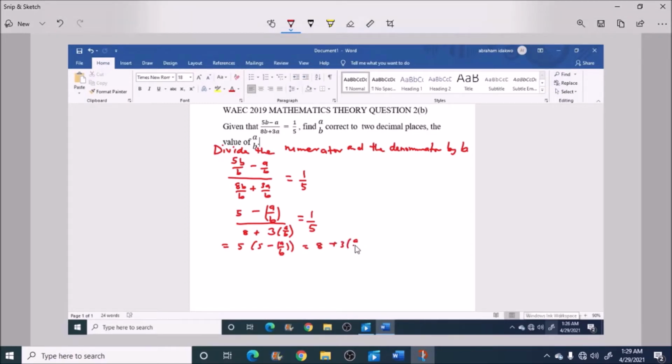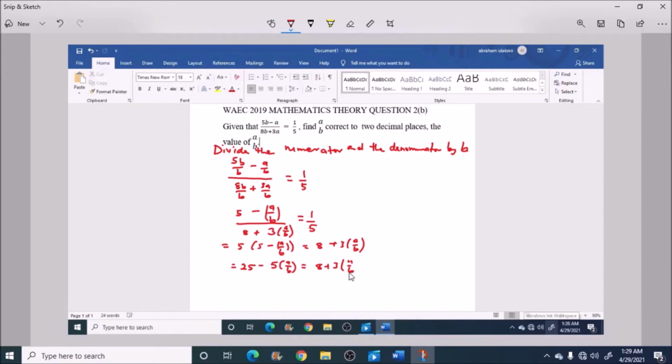Okay, so here, if you open the bracket, we have 25 minus 5 a over b is equal to 8 plus 3 a over b.